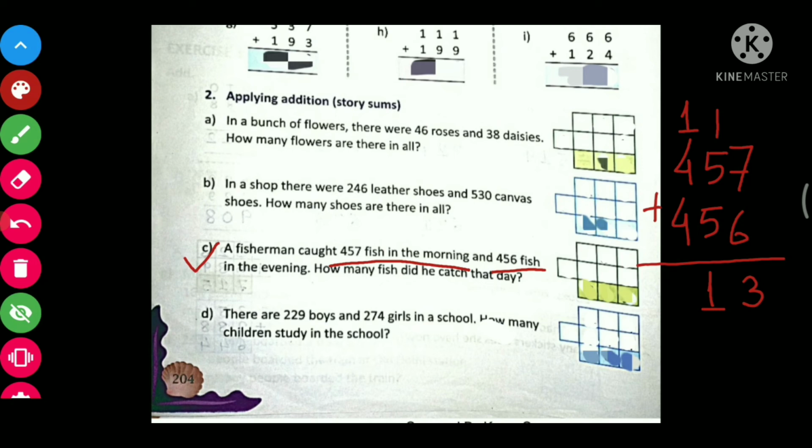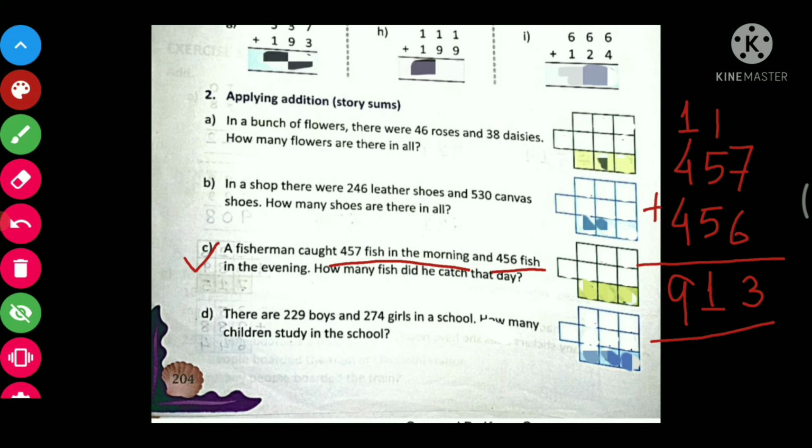Now see in the 100 place 1 plus 4, it will be how much? Yes, 5, right? So 5 plus 4, 9. So total how many fish he catch in all? 913 fish.